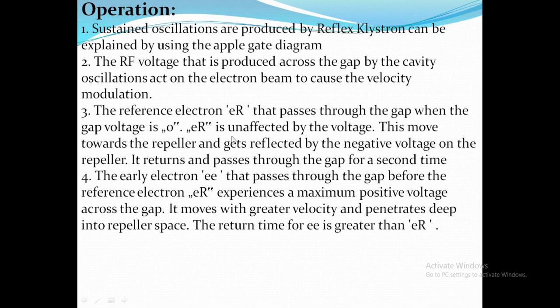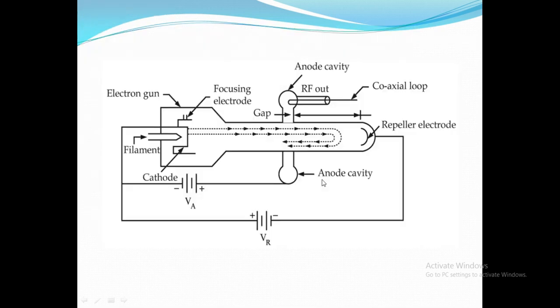The reference electron passes through the gap when the gap voltage is 0, and it is unaffected by the voltage, so it moves towards the repeller and gets reflected by the negative voltage.